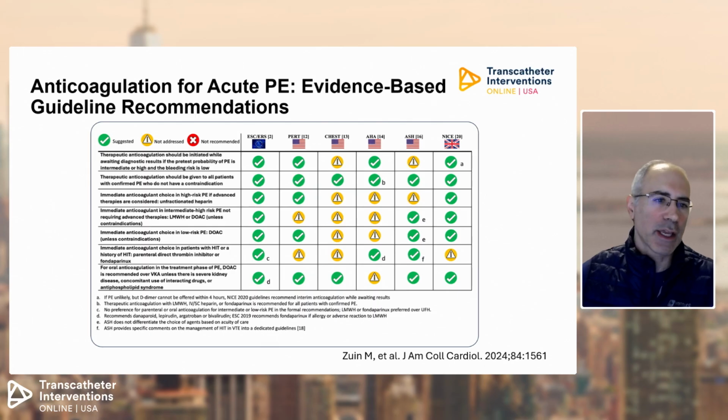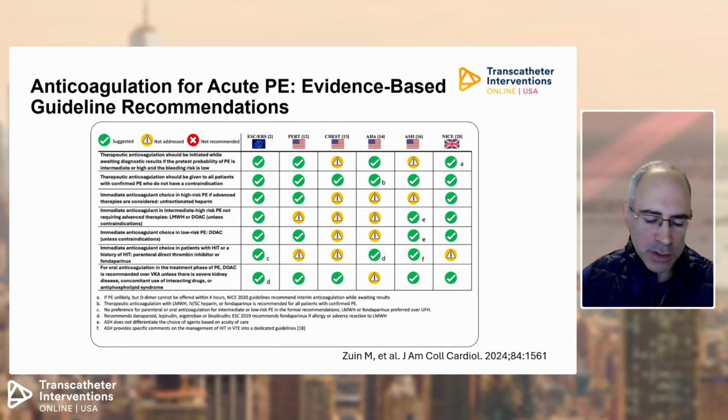Looking at recommendations for anticoagulation, this predates the AHA-ACC guidelines, but really does have some good consistent messaging from the different writing committees. If you think the patient has pulmonary embolism and you have a reasonable pretest probability, go ahead and treat them while you're awaiting the definitive CT scan.